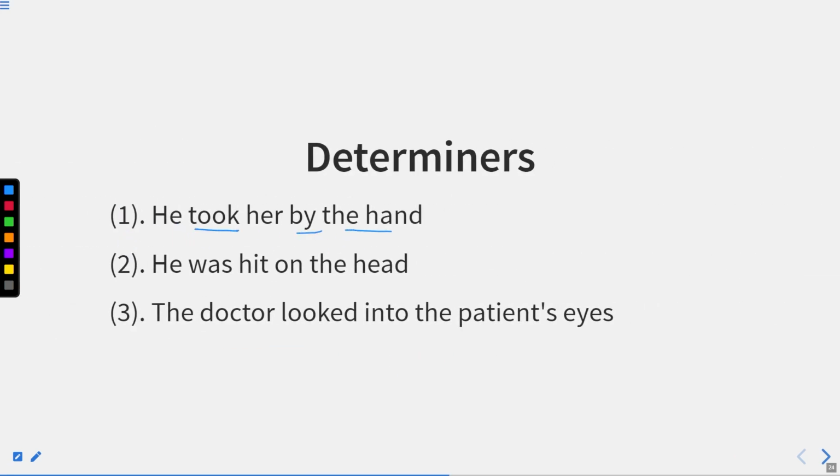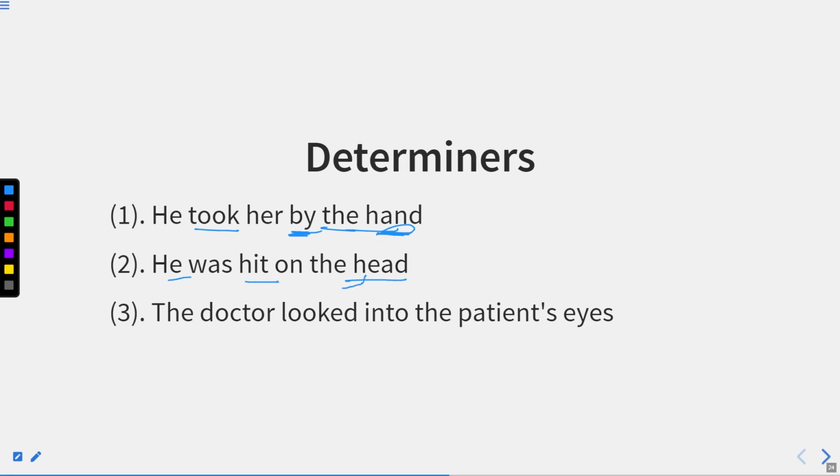He took her by the hand. So we are using a preposition, and between the preposition and the body part, we can use the. He was hit on the head. So on the head means that he got hit on his head. We are not saying his, but we are saying the head.